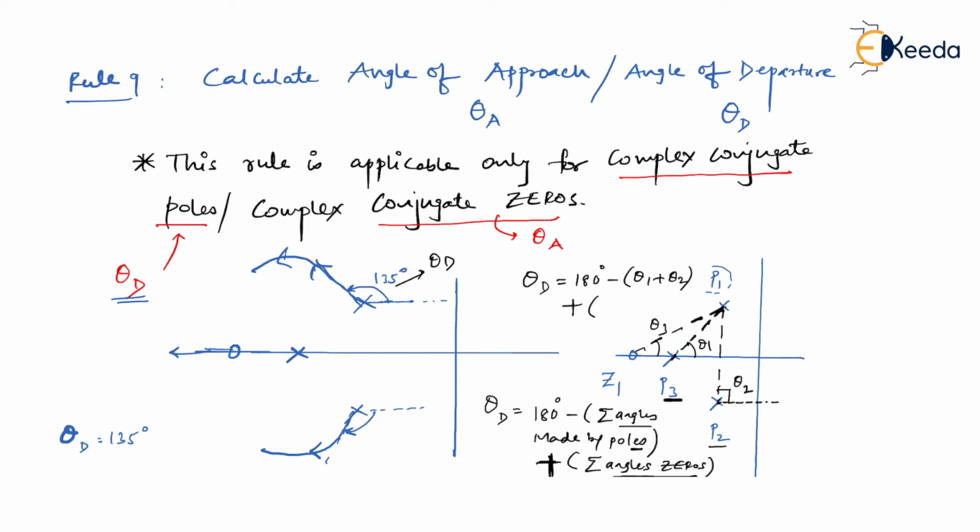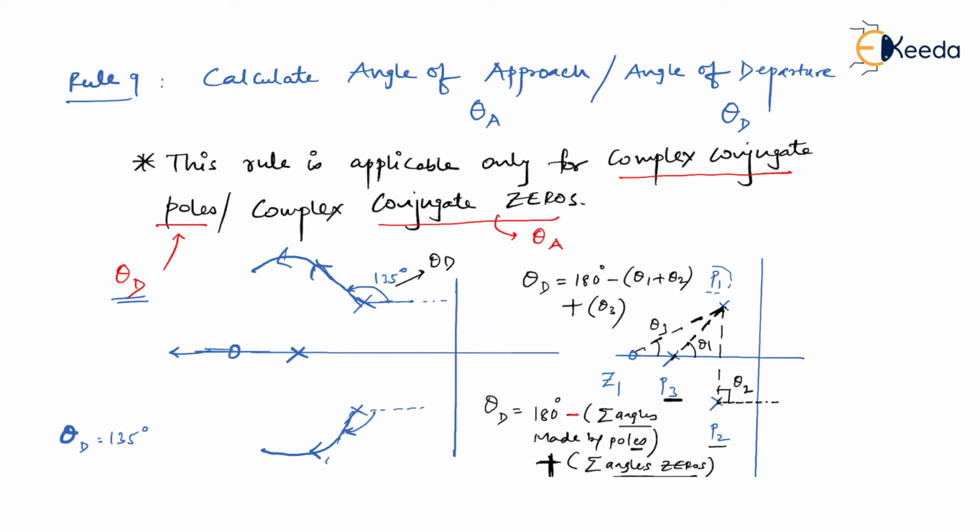But we have only one zero, so I'll include only theta 3. Let us say if we had theta 4, that is the angle made by another zero, we would have written theta 3 plus theta 4 here. So that's it. This is the simple formula to get theta d, that is nothing but the angle of departure. I hope you understood this. Okay, so I'll give you one trick to remember this formula.